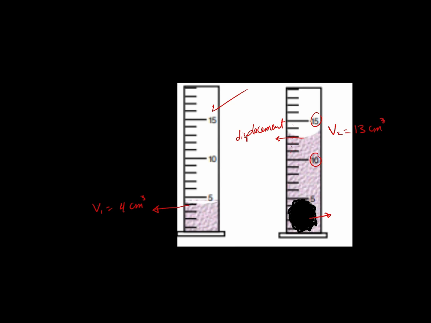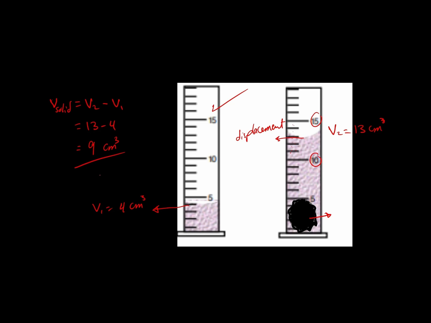Good. How can we get the volume of this solid? Now I think all of you got it. The volume of the solid equals V2 after adding this, minus V1, equals 13 minus 4. So the volume of the solid equals 9 cubic centimeters.